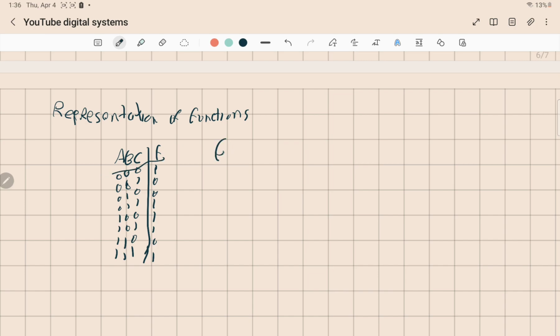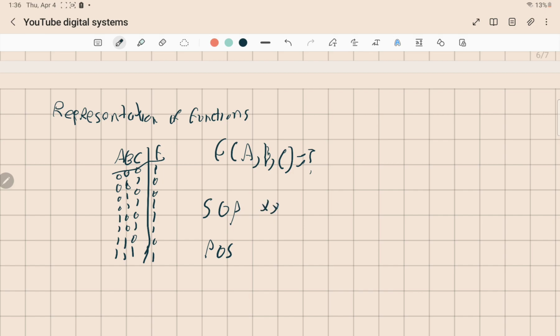Okay, so first thing we need to know is what the function is. A, B, C equals what? We have two ways to find out. There's something called sum of products, or SOP, and product of sums, POS. Sum of products means a sum of products.